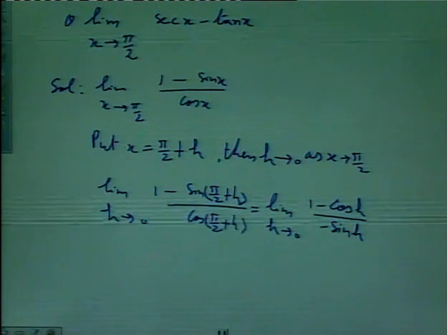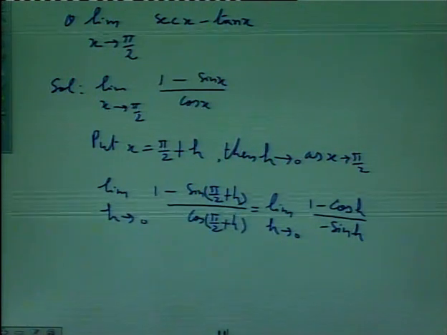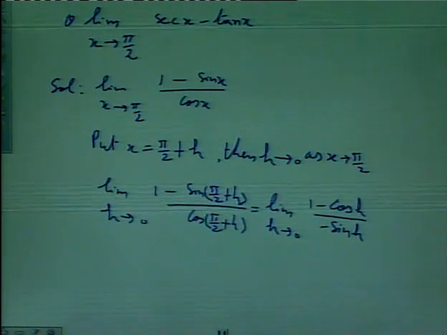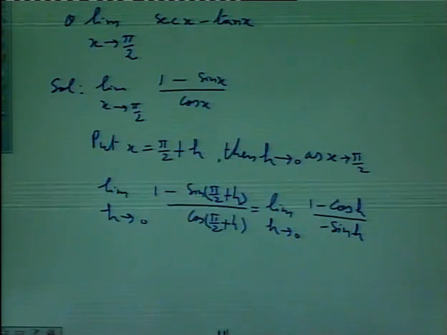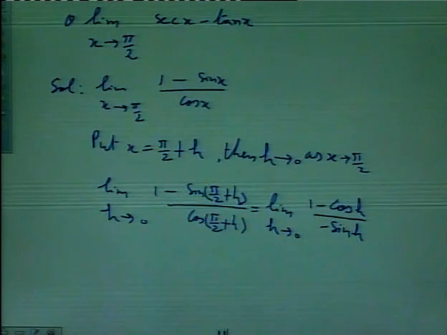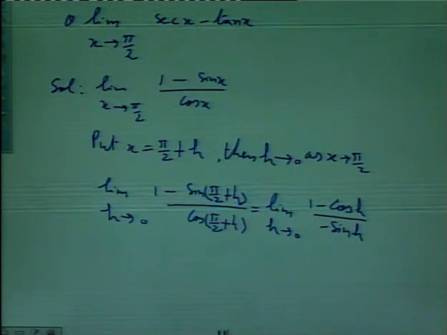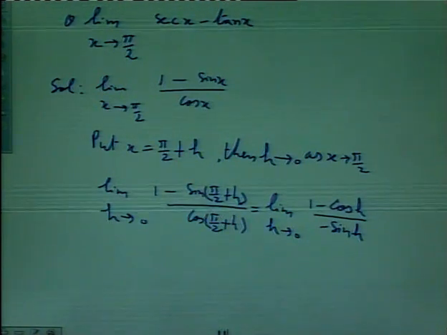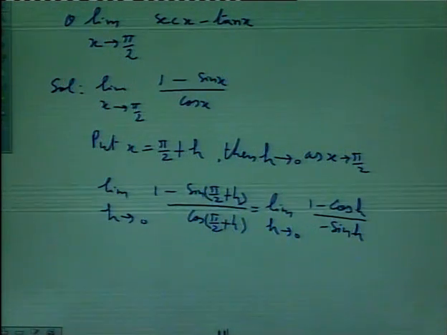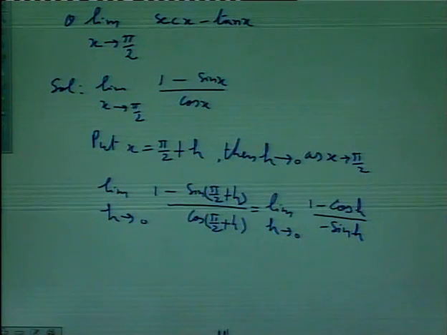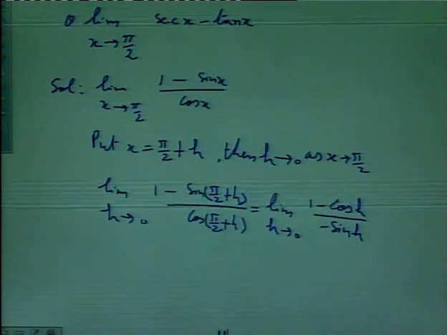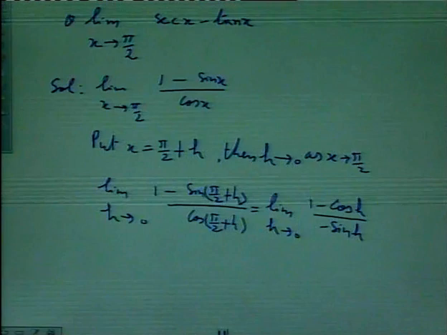So, for sin (pi by 2 plus h) in the second quadrant sin is positive, but sin will change to cos because the angle is an odd multiple of pi by 2. When the allied angle is an odd multiple of pi by 2, the t ratios will change, sin will change to cos and cos will change to sin.